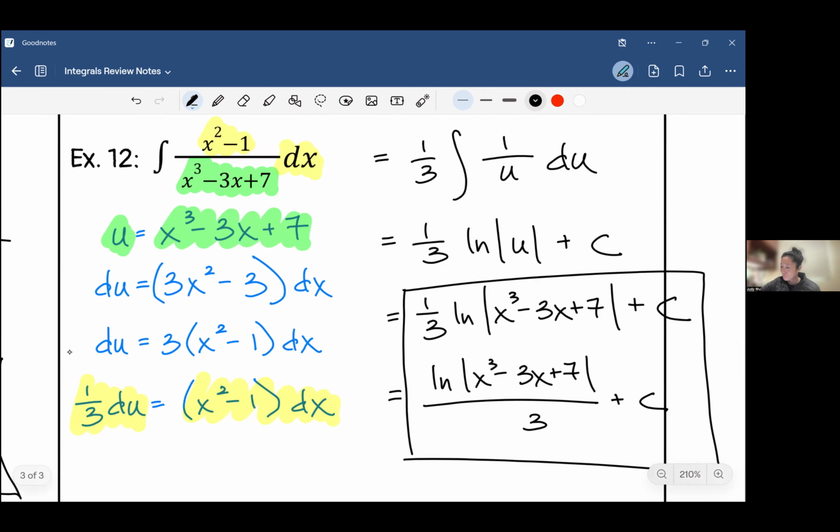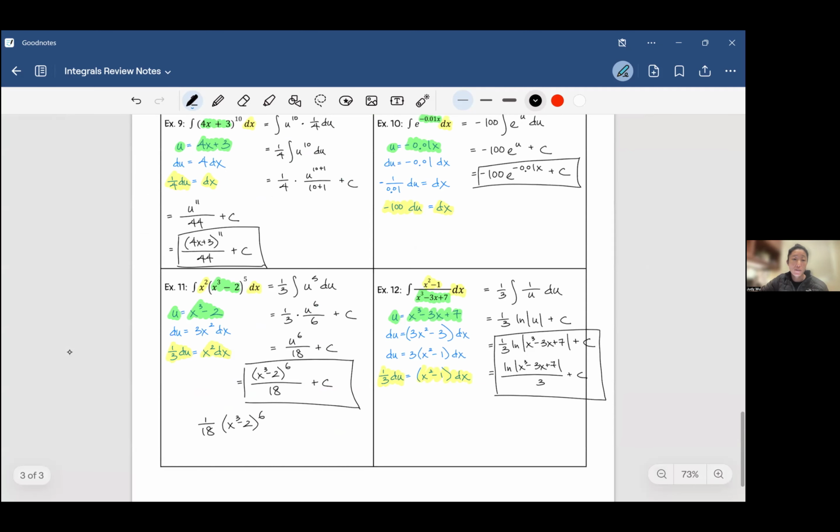Okay. So I hope that this was a good overview of where I'm hoping we can get to as we start the course, because our first chapter is all about techniques of integration. We're going to learn what to do if we can't just use regular rules or u-sub. What are some other rules that we're going to learn?